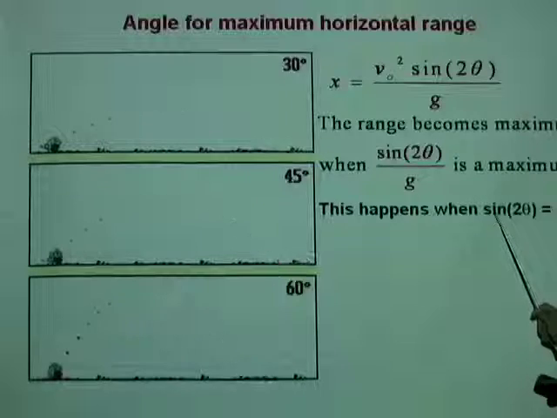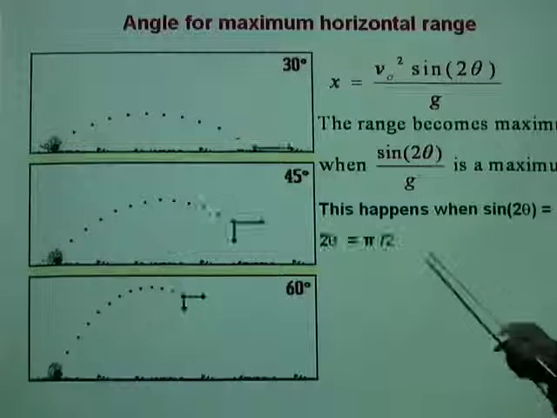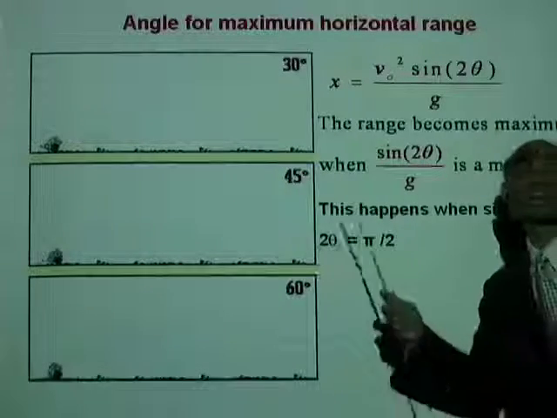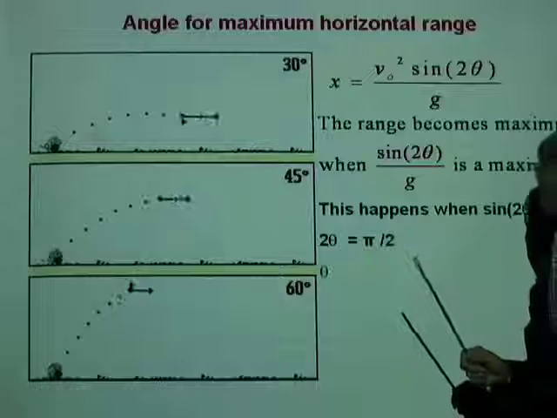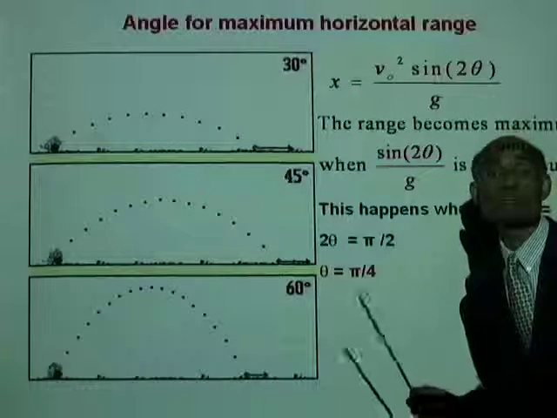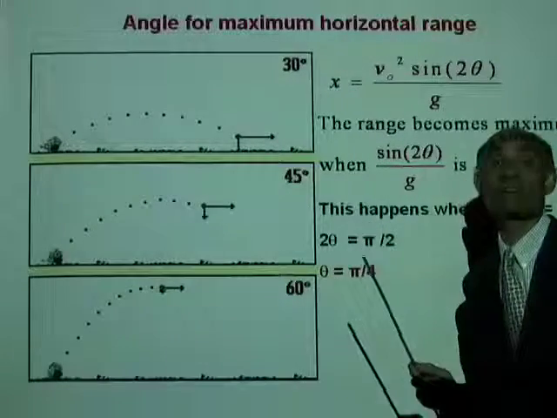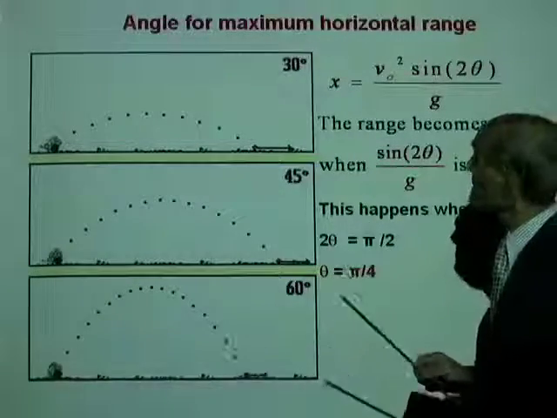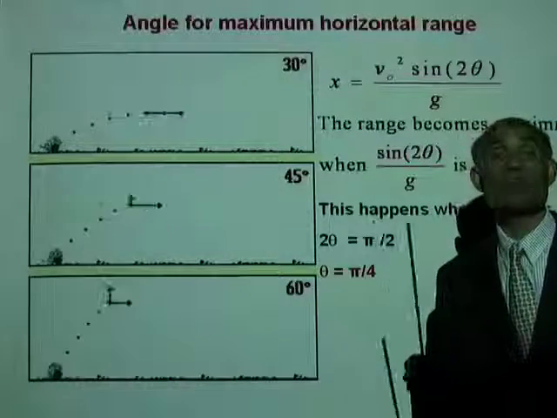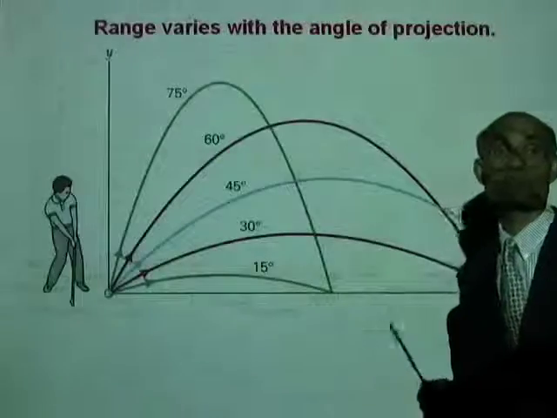So this happens when sine of 2 theta equals 1, or 2 theta equals pi by 2, which is 90 degrees. And therefore theta for maximum range is pi by 4, which is 45 degrees. Right? You have to fire a projectile at an angle of 45 degrees in order to produce the maximum range.